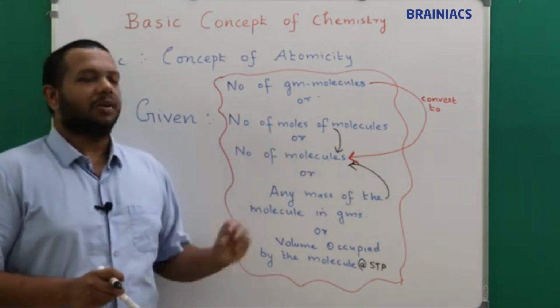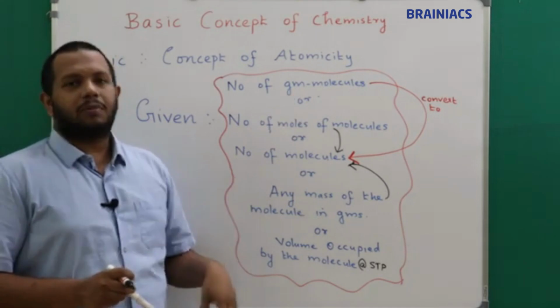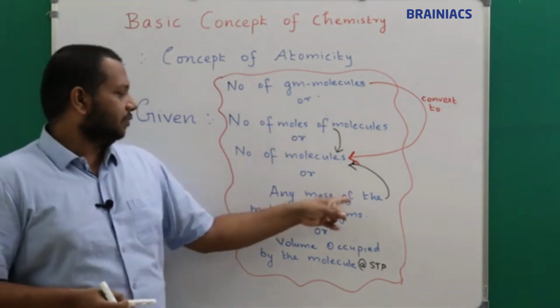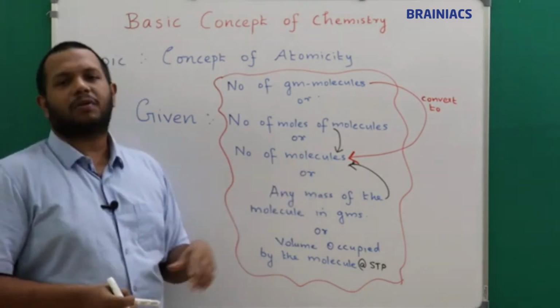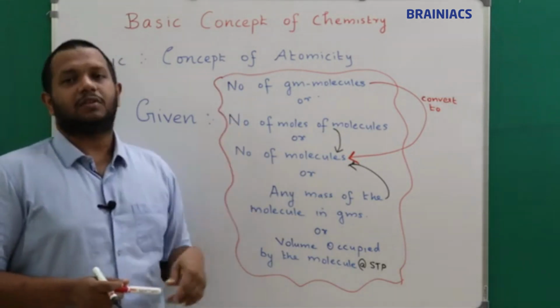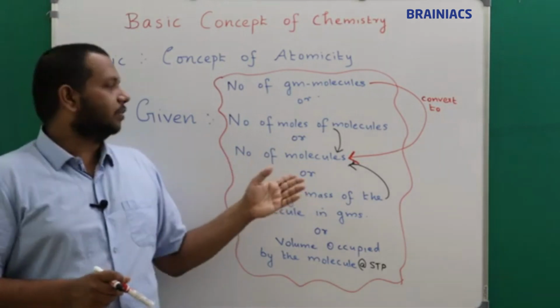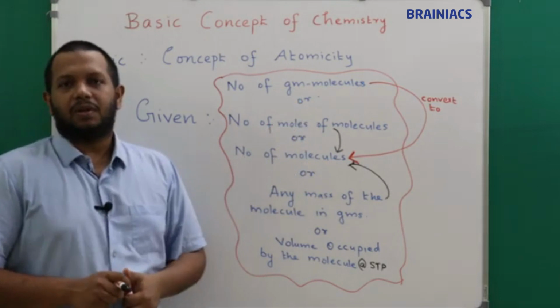Avogadro number of molecules. From that I can get the number of molecules. Between the mass of the gram of the molecule and number of molecules also I know the relation. If you are not remembering that, please listen to my video mole concept in terms of molecules. There I am explaining if one is given how to convert it to the other. So do that.